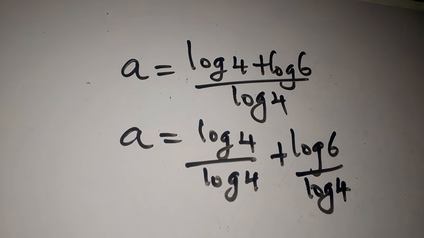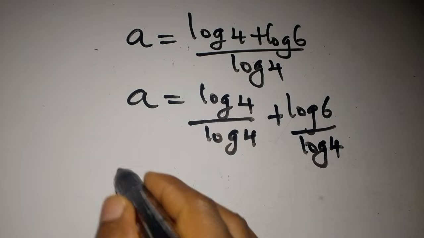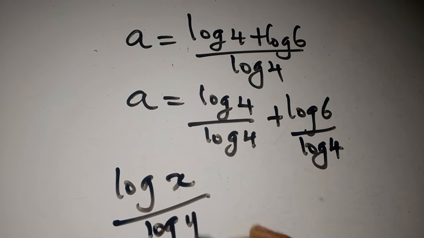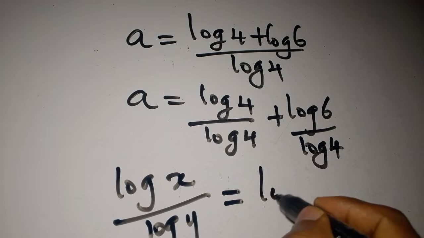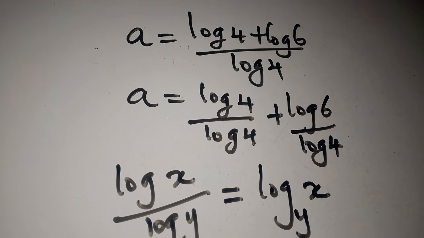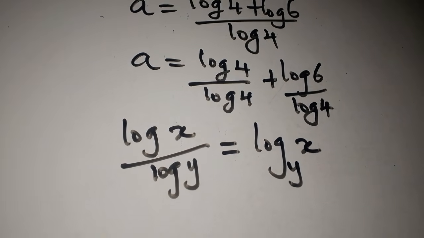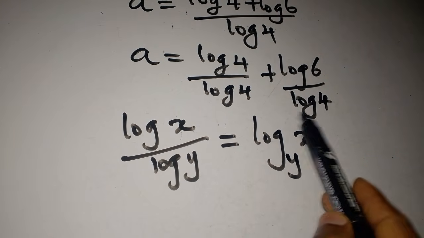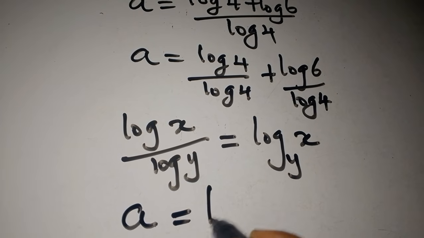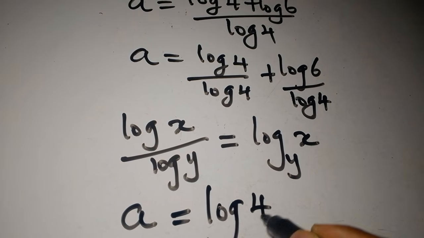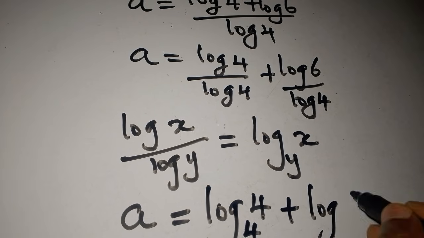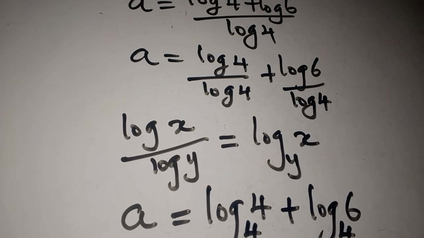Then one thing you should know is that if you have log x divided by log y, this is log x to base y. Yes, this is what we call change of base. So the same thing will be applicable to what we have over there, and our a will be equal to log 4 to base 4, then plus log 6 to base 4.